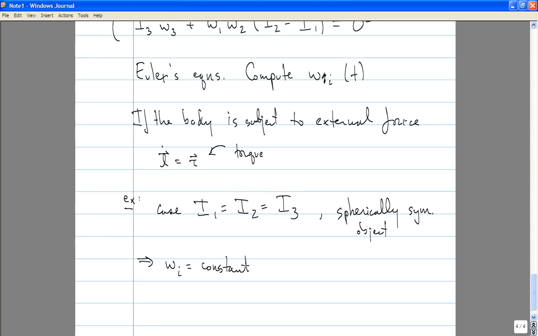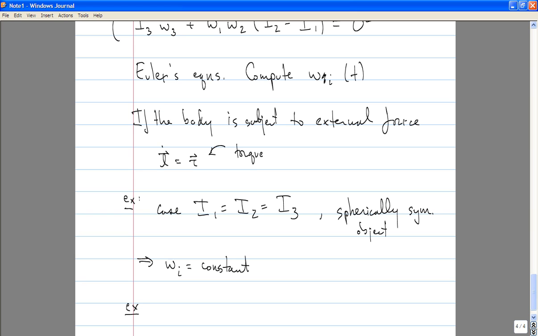So in the rotating coordinate system that we are using, a sphere or a spherically symmetric object will just spin about its axis with constant angular velocity. Okay, well that was pretty easy. Let's proceed to the next simplest case.